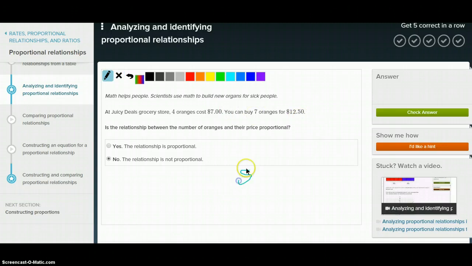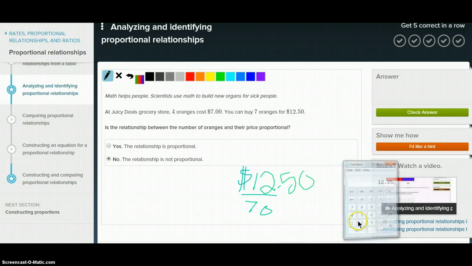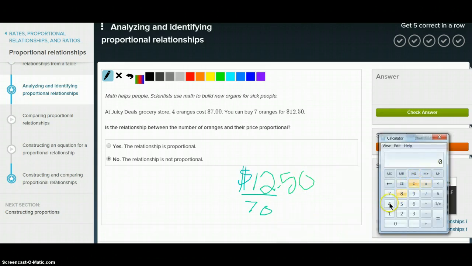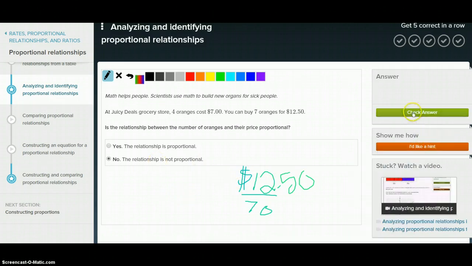So if we have 7 oranges for $12.50, $12.50 divided by 7, that is $1.79 per orange. So we can see that they have different per orange values, so they have a different value.